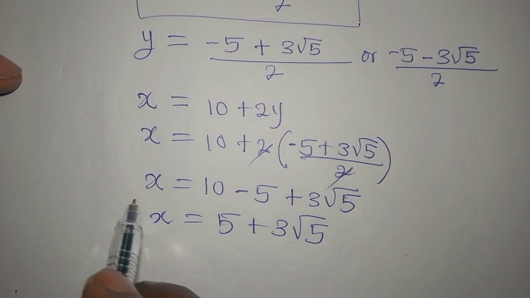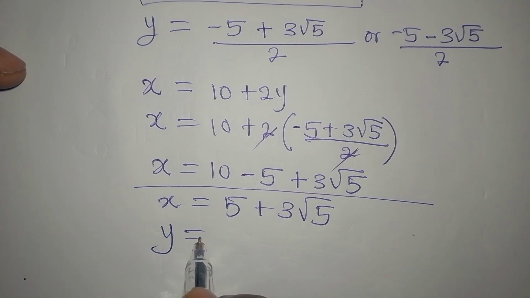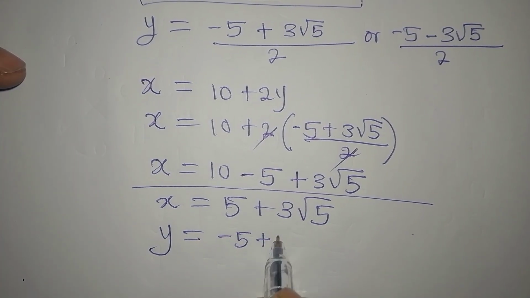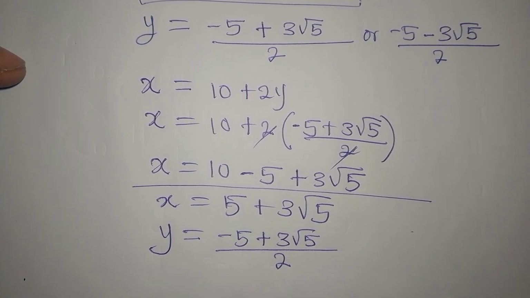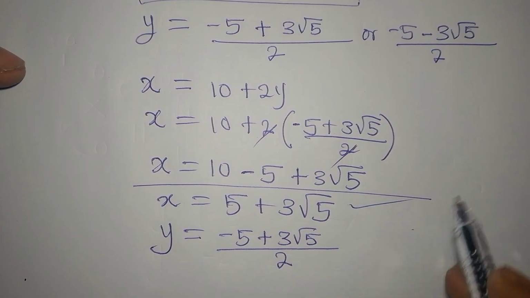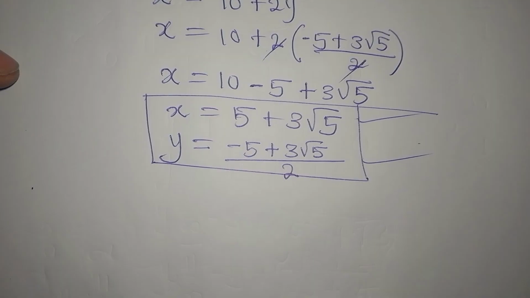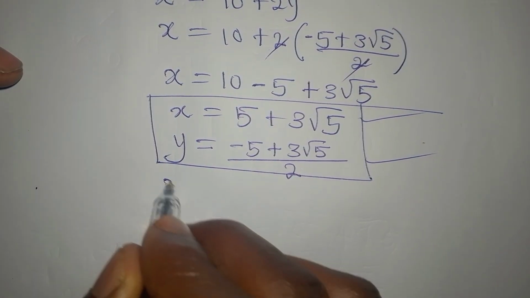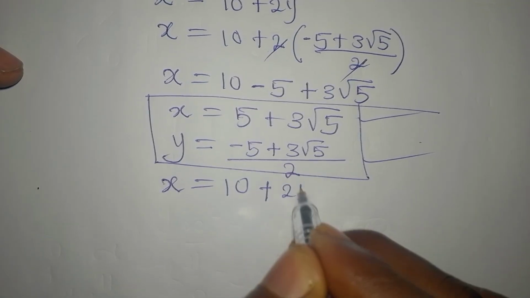So when x is this, remember that y is minus 5 plus 3 root 5 over 2. Okay, so when x is this, y is this. Now let's continue. The equation is still x equals 10 plus 2y, right?